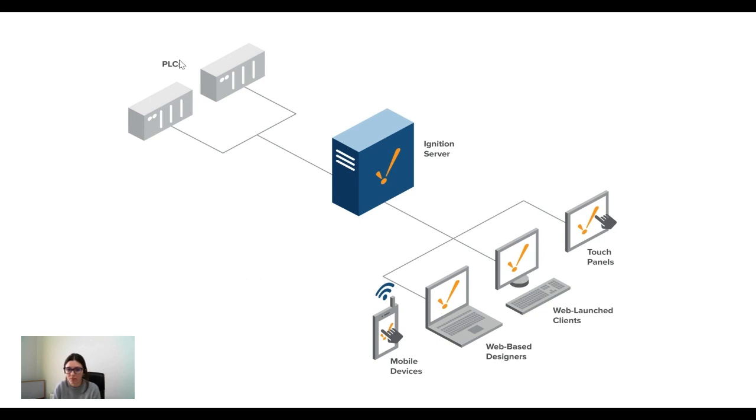Now let's start simple. Here we have an Ignition server connected to devices and clients. We have time series data flowing from the devices, and we see the current values in data points called tags in Ignition. And we use those real-time values at different screens.